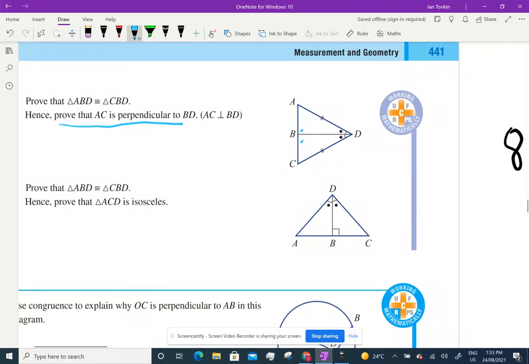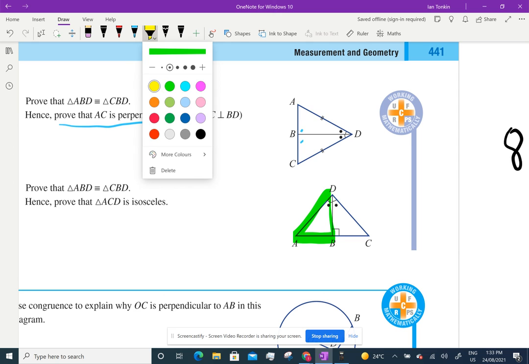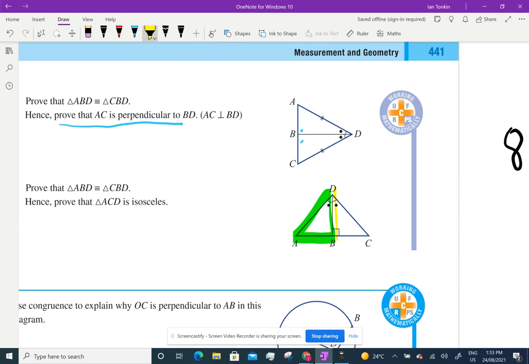How would you prove this one? ABD, so this triangle here, is congruent to this triangle here, CBD. Well, what have we got? We've got two angles, bang, bang. We've got this common side. And we've got 90 degrees here, which means we must have 90 degrees there.